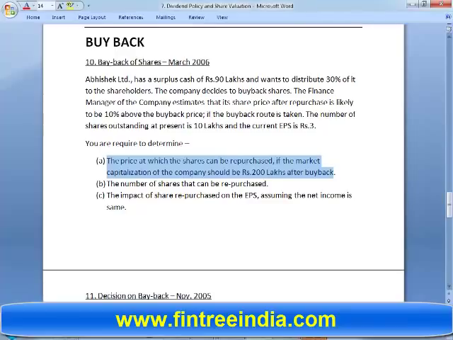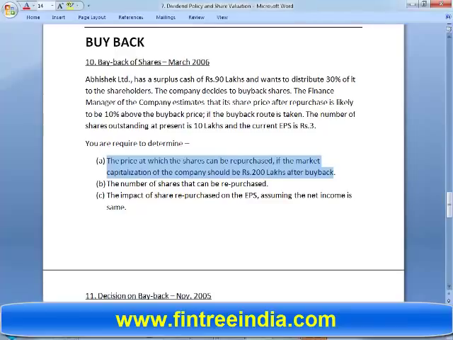And then last point, increase in EPS after buyback is equal to 0.44. Increase in EPS after buyback is 0.44. Simple question.